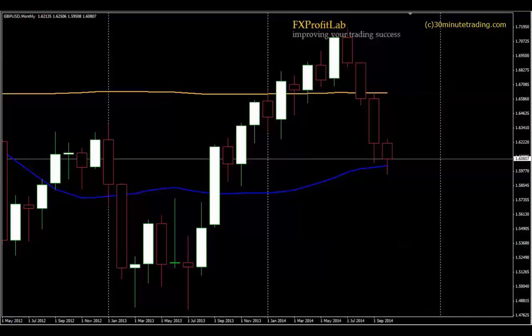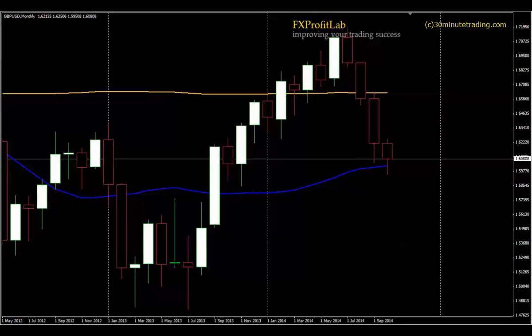And a candle is either a monthly candle, a weekly candle, daily candle, a 4-hourly candle, and so on. So it's how many periods it is. Each one of those is a period. Now this is a 50 moving average, and that means it's counting 50 periods backwards, and it's taking the average of all of those, and it's saying this is the average of the 50.